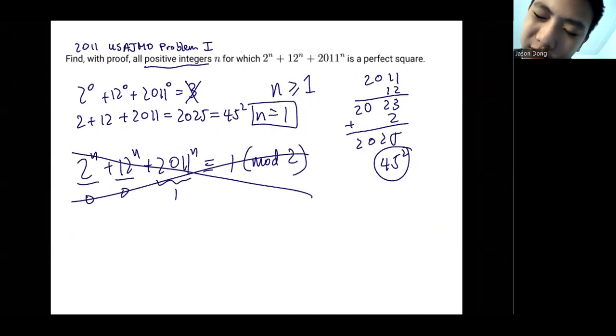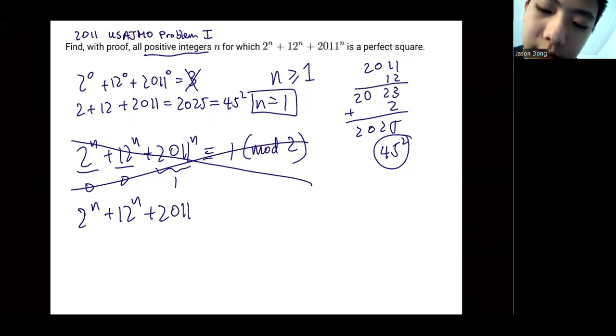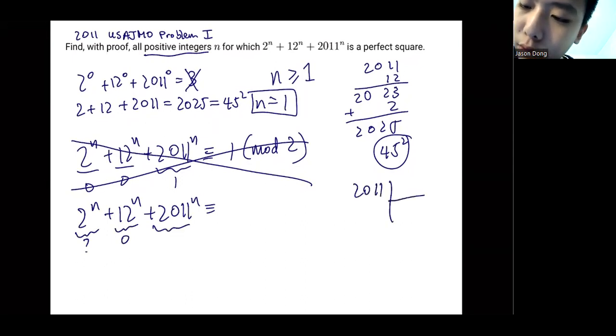So what if we use modulo 12, so that we can cancel this term? So 2^n + 12^n + 2011^n modulo 12. Clearly 12^n is 0, and 2^n we don't know. And for this we do 2011 modulo 12.